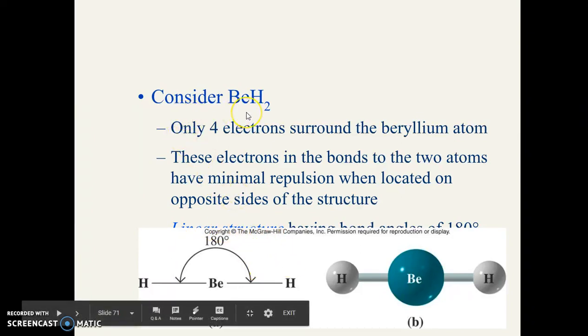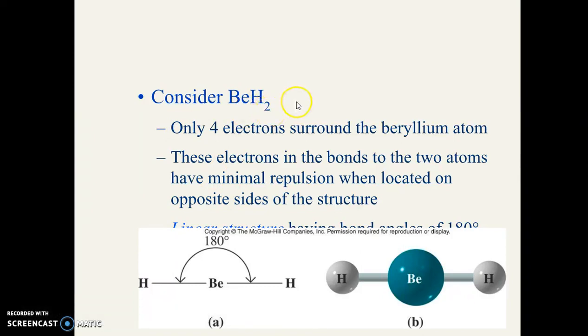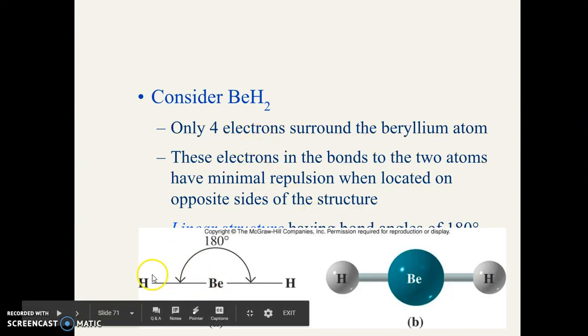So let's just start looking at a compound. So consider beryllium bonded to two hydrogens, beryllium dihydride. So only 4 electrons surround the beryllium atom. These electrons in the bonds to the two atoms have minimal repulsion when located on opposite sides of the structure. So this is why it forms this linear structure.